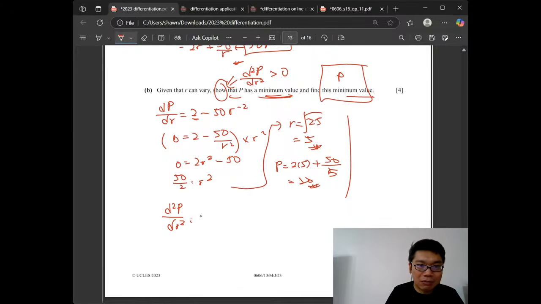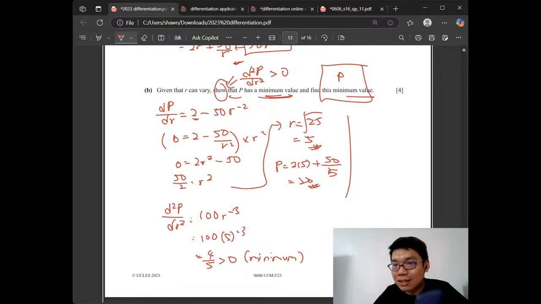And this thing becomes 100 r power minus 3. Then we substitute in 5. We should get positive 4 over 5, so it's more than 0, so it's minimum. And successfully gain all the marks.